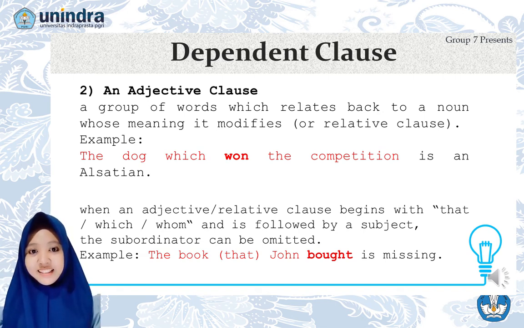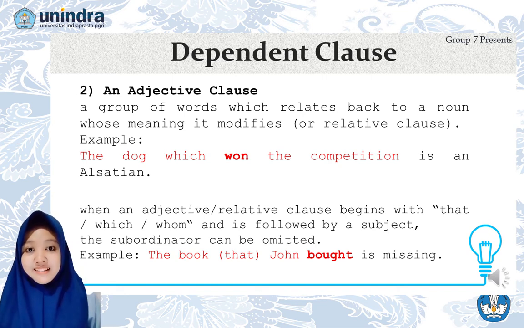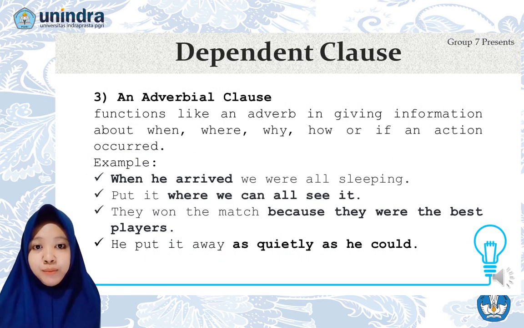When an adjective or relative clause begins with that or which or whom and is followed by a subject, the subordinator can be omitted. Example: the book that John bought is missing. 3. An adverbial clause functions like an adverb in giving information about when, where, why, or how an action occurred.